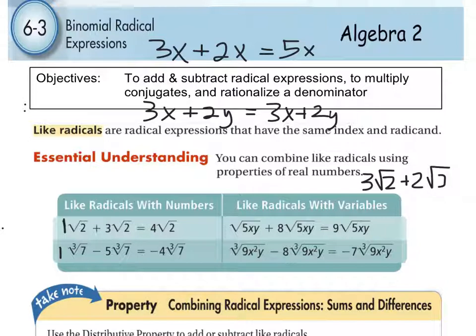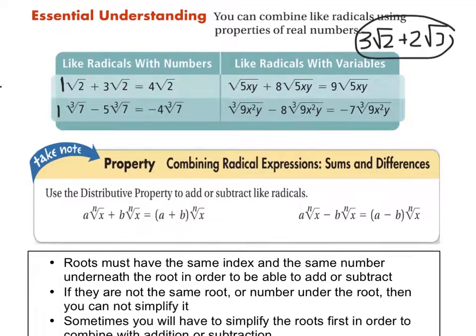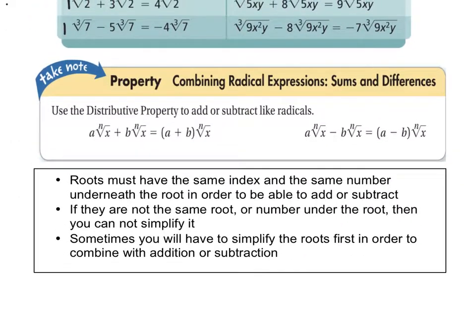I cannot add those together, so I simply leave this the way it is. Again, roots must have the same index and the same number underneath the root in order to be able to add or subtract them. If they're not the same root, or the number underneath the root's not the same, then you cannot simplify it. You just simply rewrite it down.